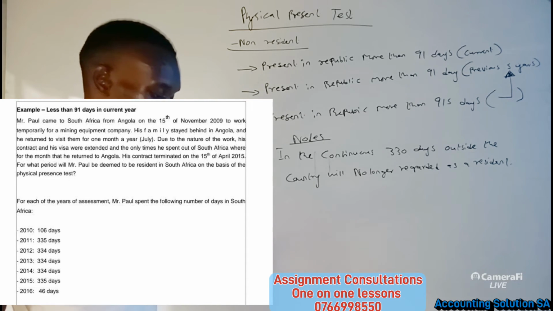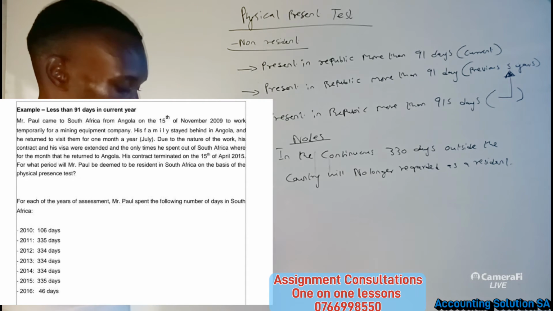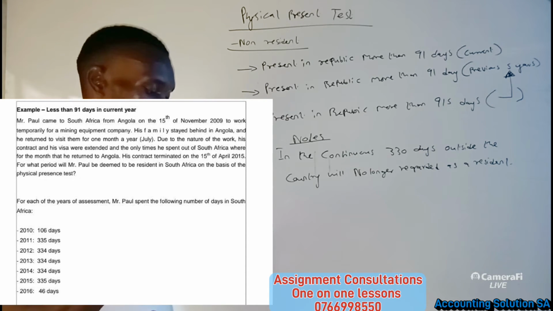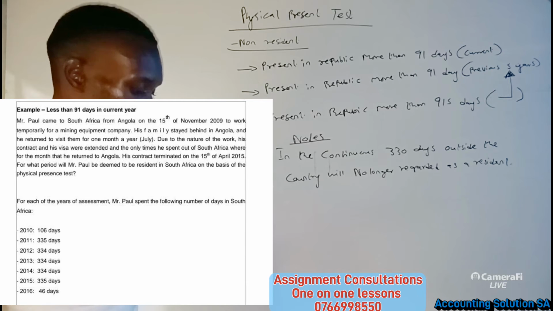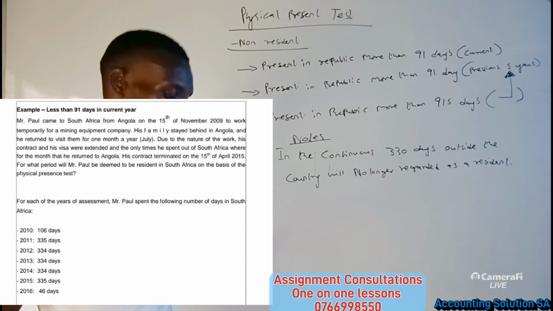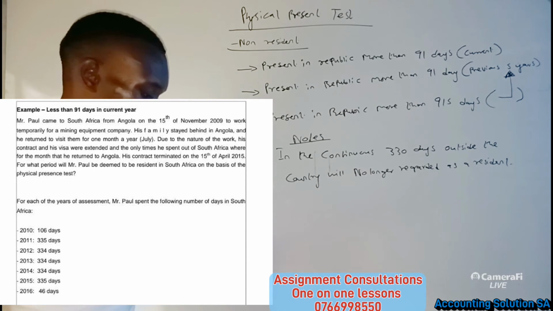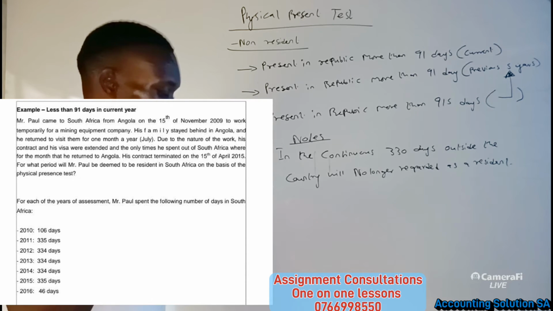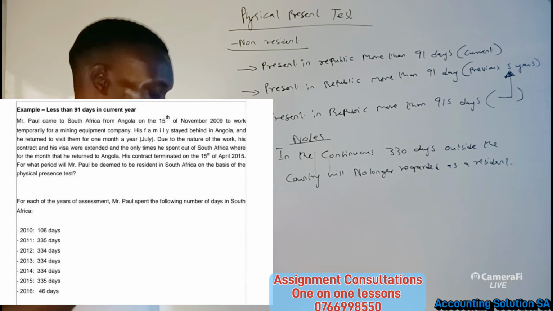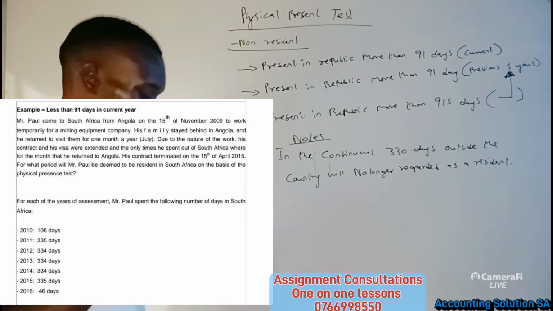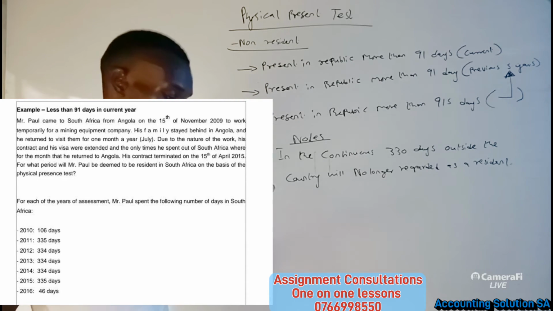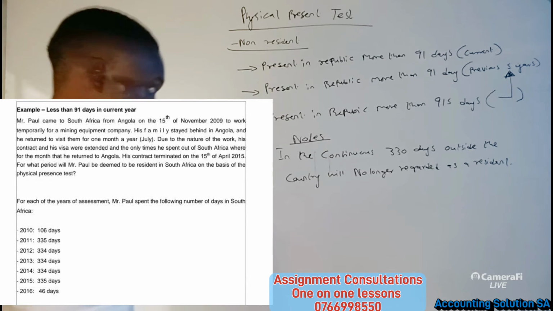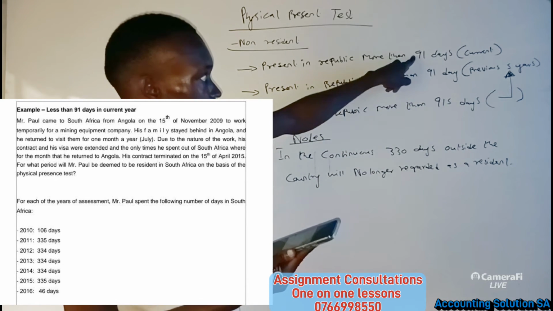Okay, it was a question. Now let's check if he will be regarded as a resident. For each year of assessment, Mr. Paul spent the following number of days in South Africa. In 2010, 106. If the current year of assessment is 2015, it simply means that in 2015 he stayed for more than 91 days.